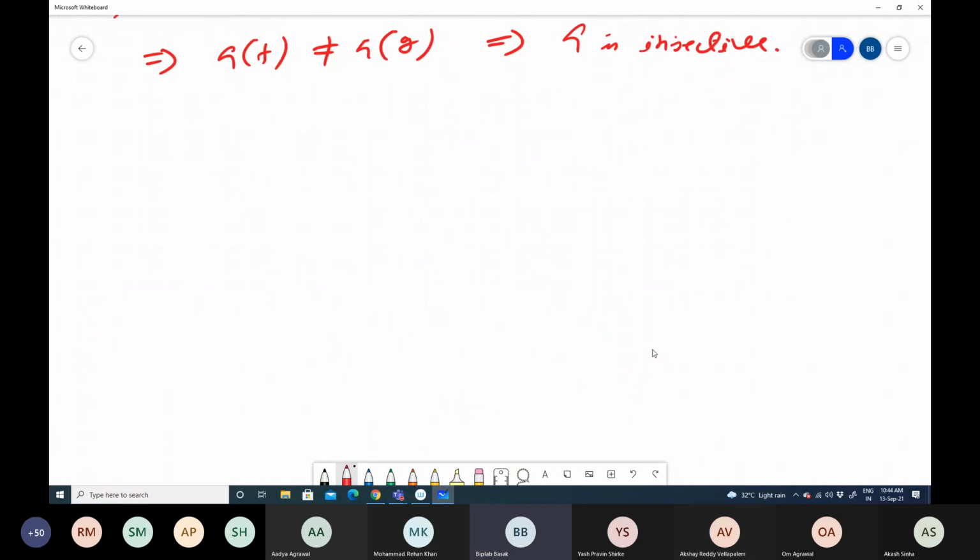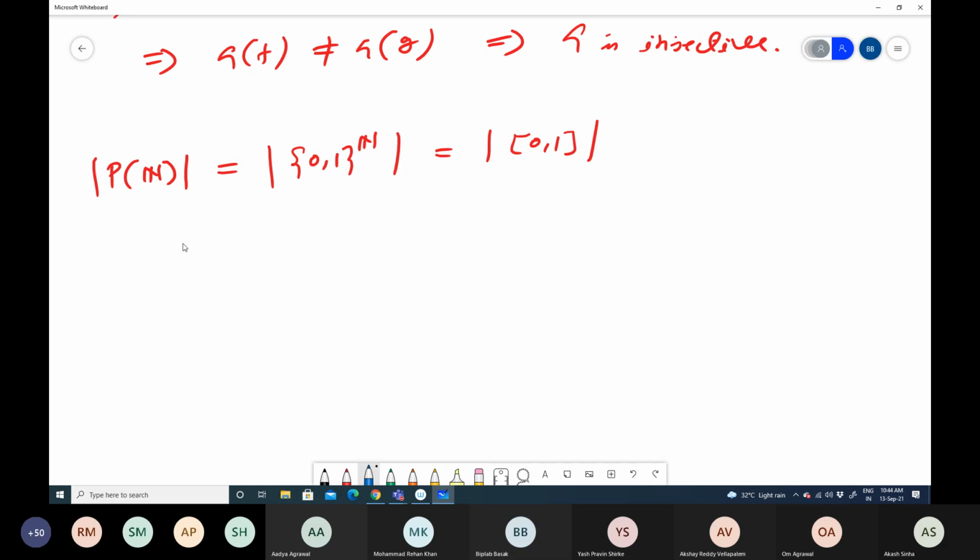So till now we proved that the power set of N has the same cardinality as this one, and that has the same cardinality as 0, 1. Now how can you prove that the cardinality of 0, 1 equals the cardinality of R?